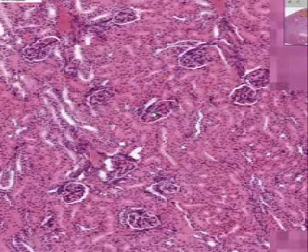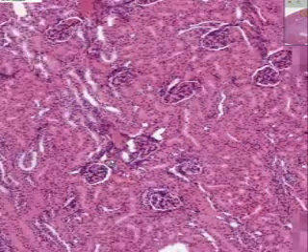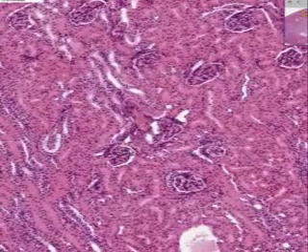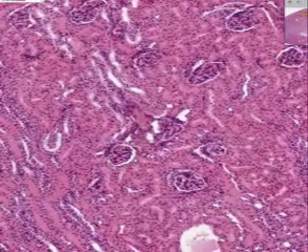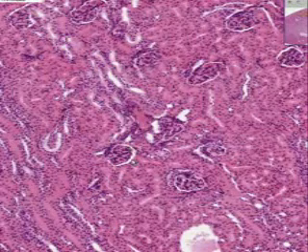The glomeruli always have a free end which is completely surrounded by space, and that's called the urinary pole. And then they have an area of attachment to blood vessels, which is called a vascular pole.